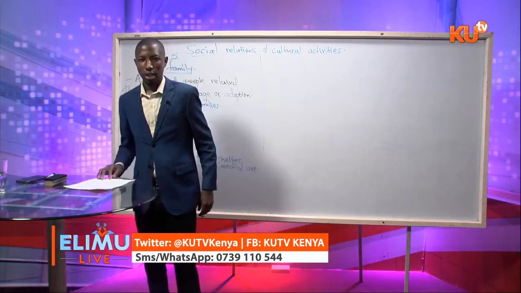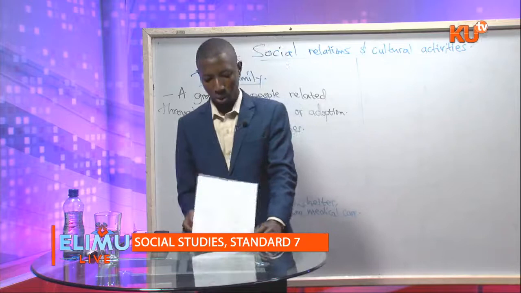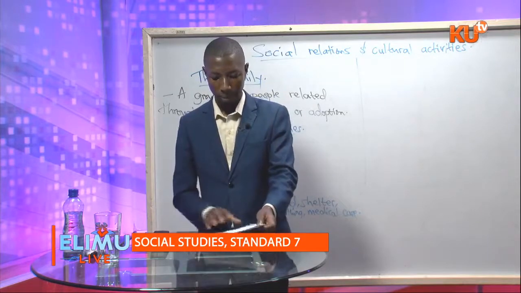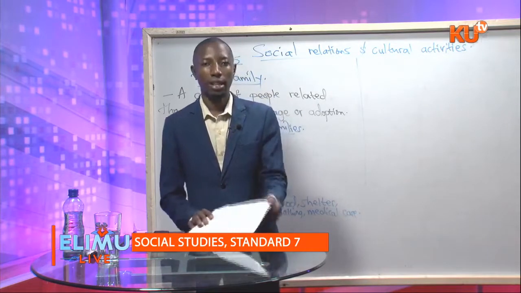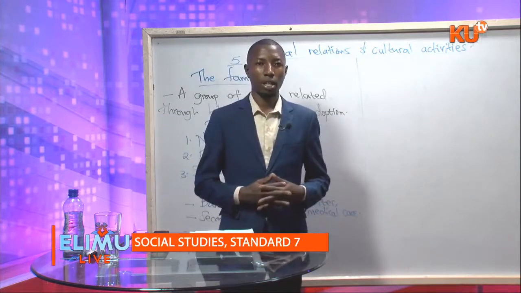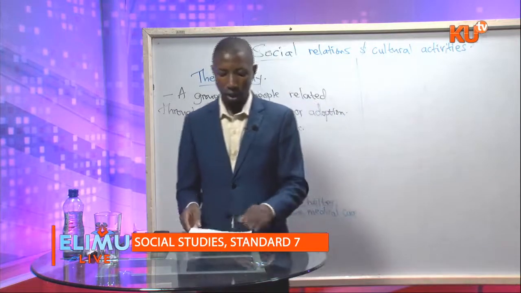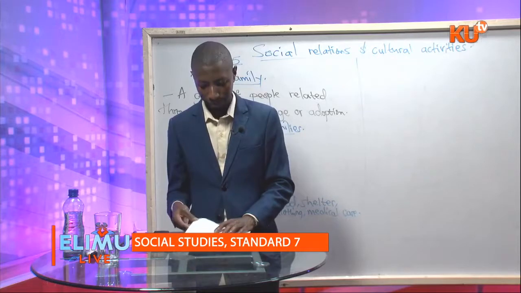So their formation of clan was different from the other communities, and that can be traced back to their great ancestor, who they call Mumbi, who was a woman. So it is one of the few African communities that form a clan from a woman. The rest formed clans from men.